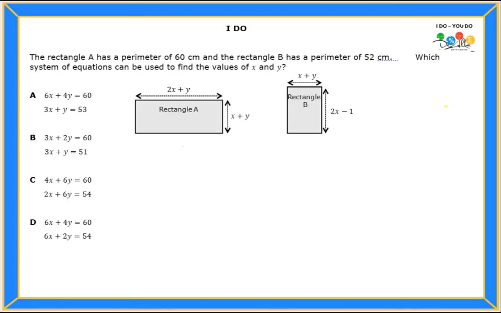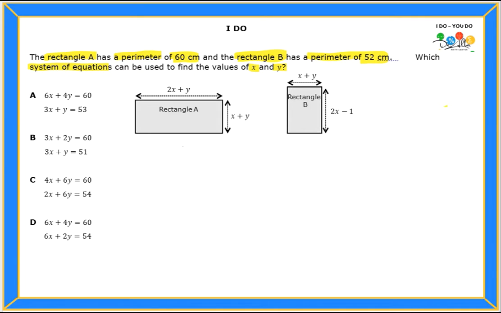So what I'm looking for is a system of equations that represents the perimeter for rectangle A and rectangle B. The perimeter for rectangle A is 60 centimeters and the perimeter for rectangle B is 52 centimeters, okay? And of course, they want me to find x and y.